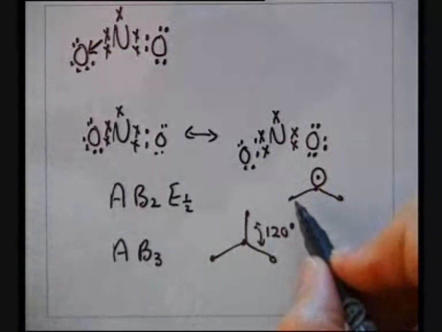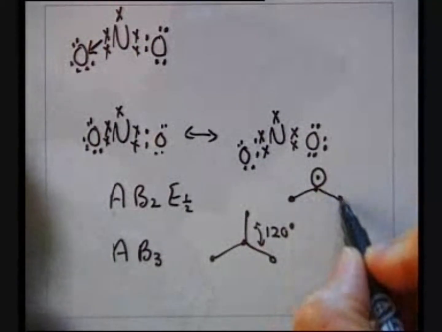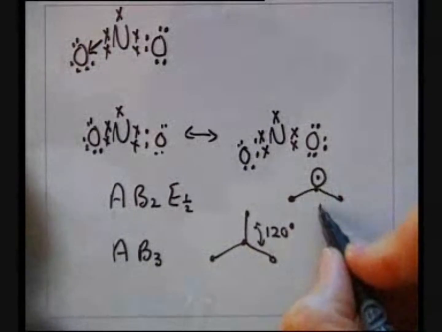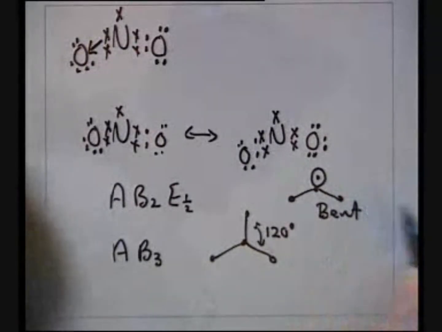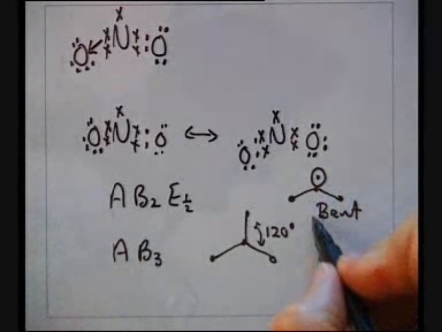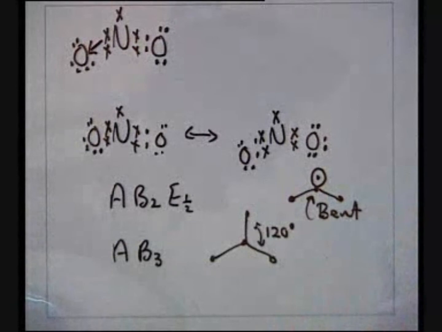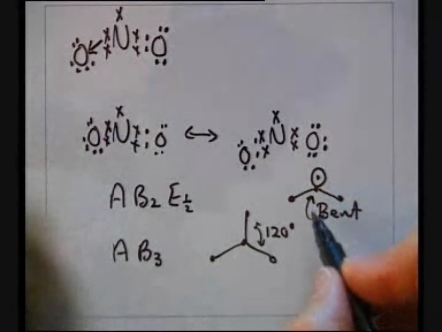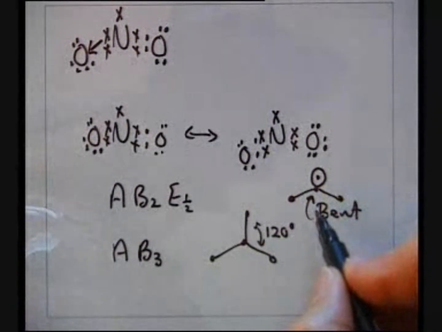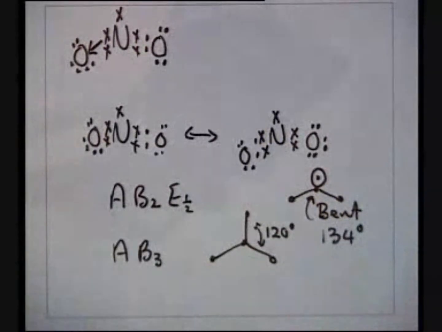For the prediction of the molecular geometry, we move from nucleus to nucleus, oxygen, nitrogen, oxygen, and we see then we're going to have a bent molecular geometry. This bond angle will not be 120 degrees. And interestingly enough, this bond angle is measured in the laboratory to be 134 degrees.